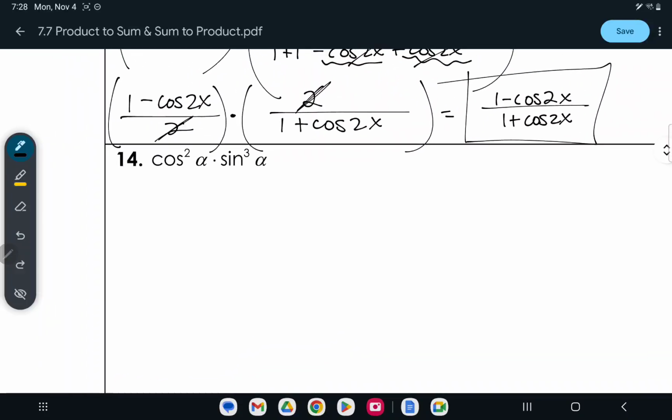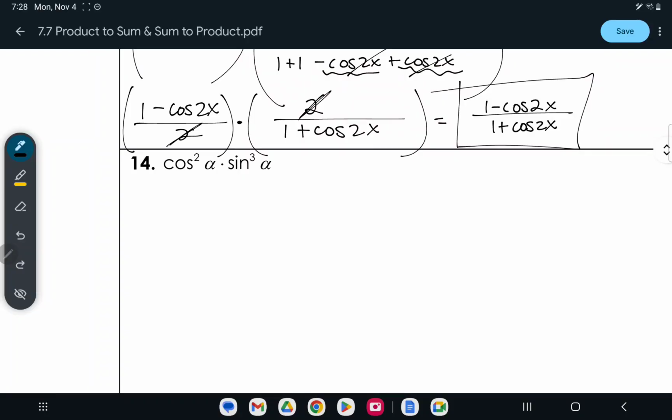All right, last one. I can rewrite that as cosine squared alpha times sine squared alpha times sine alpha.